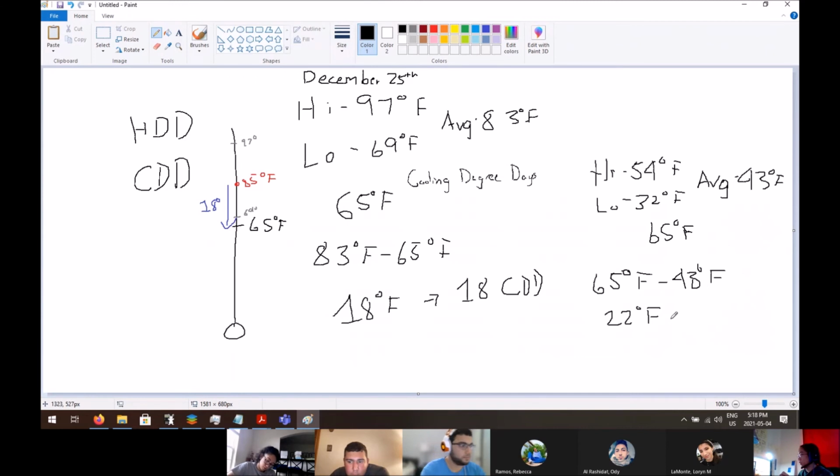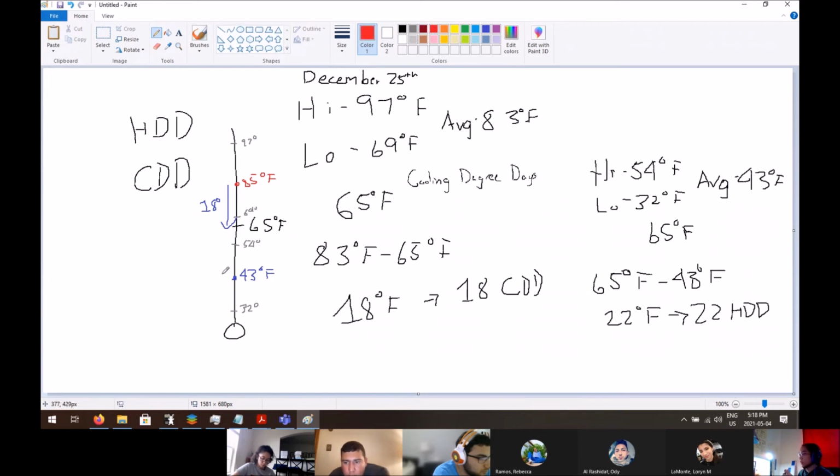So that would mean 22 heating degree days. Back to the thermometer. Our temperature that we got was really cold. It was an average of 43 degrees Fahrenheit, and the range of it was 54 degrees to 32 degrees, right?